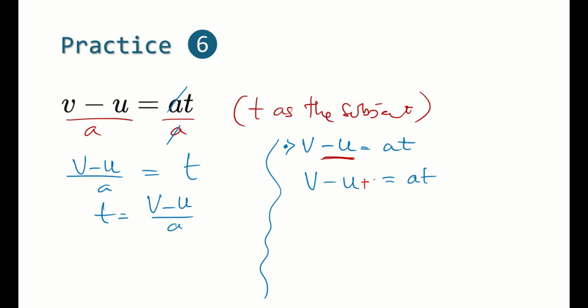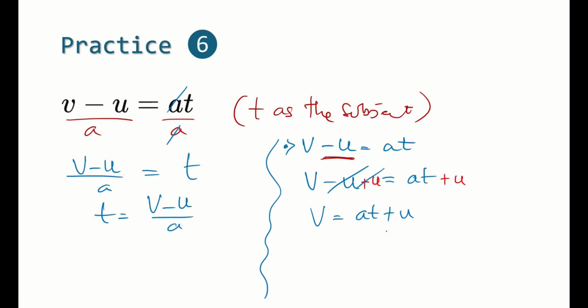This one must be plus U, so plus U also. So now we have positive U. That's the reason. So this one, we can cancel out. You move to the right side, right? So we have AT plus U. So we have positive U now.